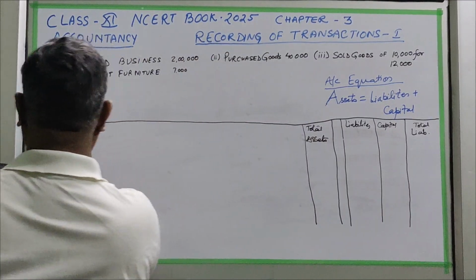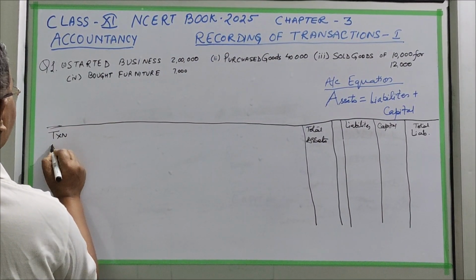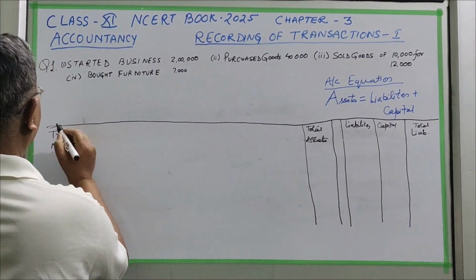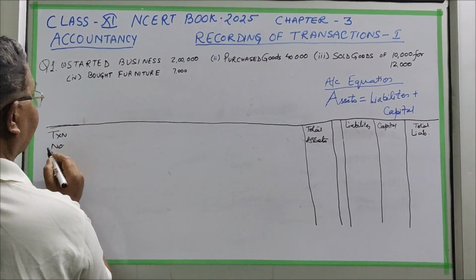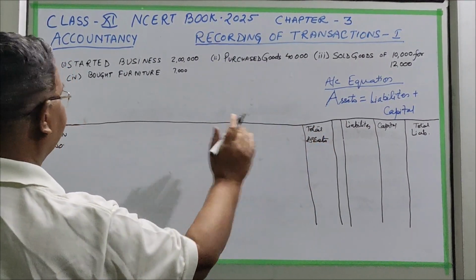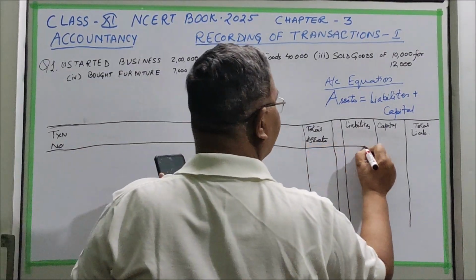Okay. Here we put the transaction number. There is no standard format for it, but in exams, when an equation is to be drawn, you will make it like this. Then the transaction here we will note.